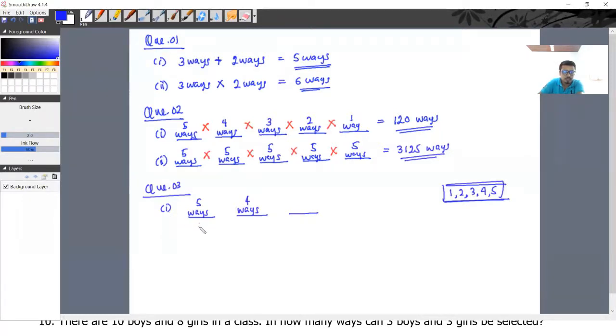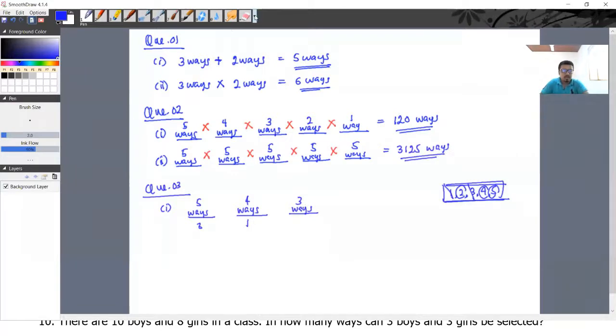Assume we have put 3 here and 1 here. Repetition is not allowed means we can't use these digits again, we have already used them. Then how many options are left here? We have 3 options. As per this example, we can put either 2, 4, or 5.